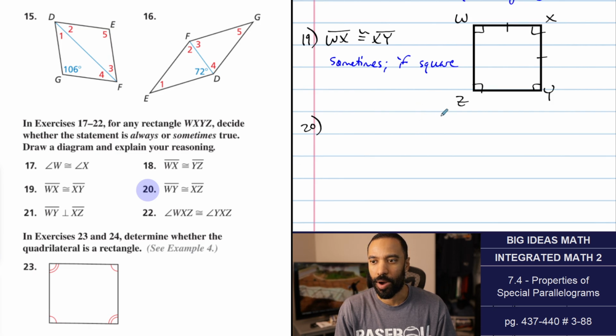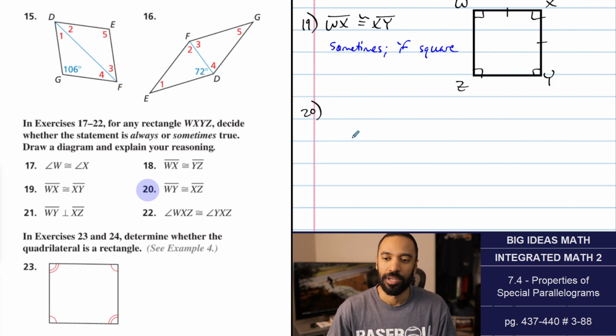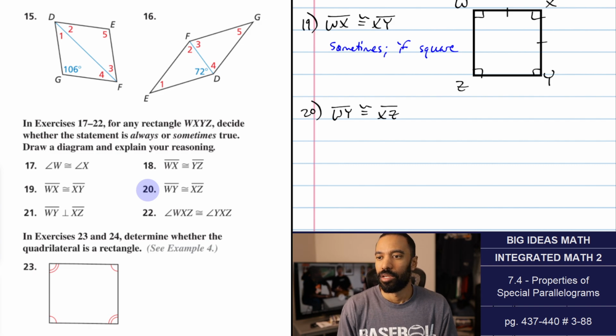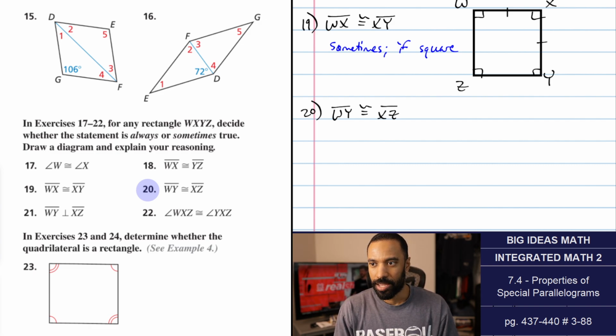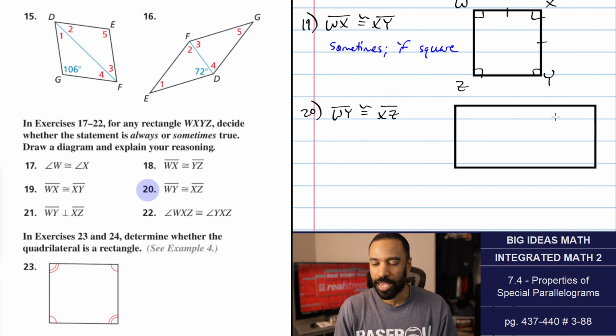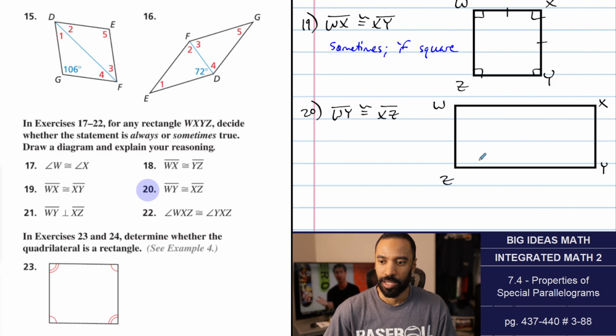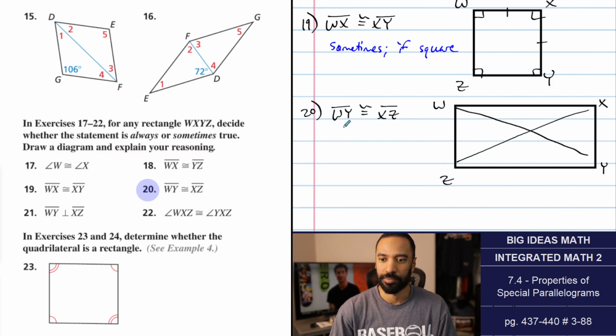Number 20, WY congruent to XZ. This is about the diagonals now. Segment WY congruent to segment XZ. In a rectangle, right? We're saying, hey, we got a rectangle. Can the diagonals be congruent? They are always congruent, yes. W, X, Y, Z, and these congruent here, always true of all rectangles.